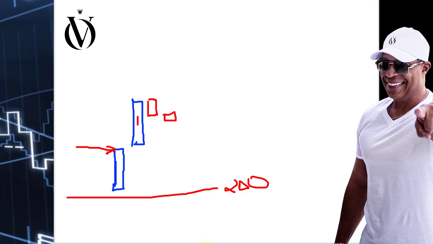Now, that's not a push either, because each push has to be higher than the last one. So then this would be push two. This would not be considered a push. Okay. And of course, this would be three pushes.